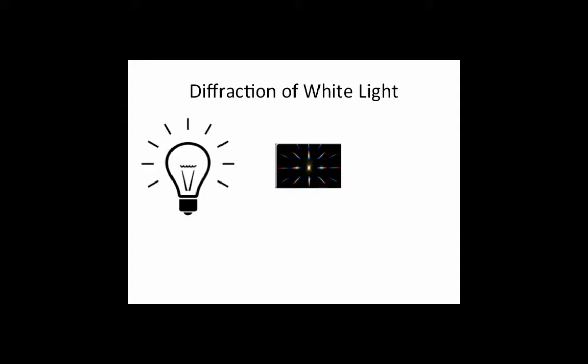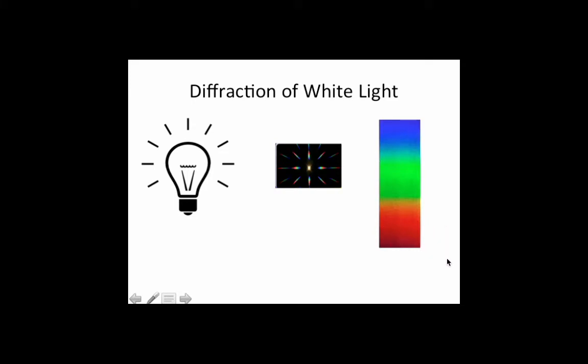When we expose a diffraction grating to white light, for example, a light bulb, which is incandescent light, it produces a perfect rainbow with continuous color changes. It's absolutely beautiful.